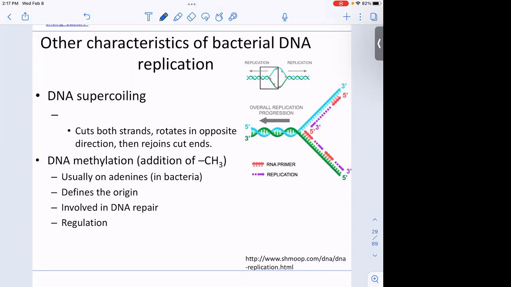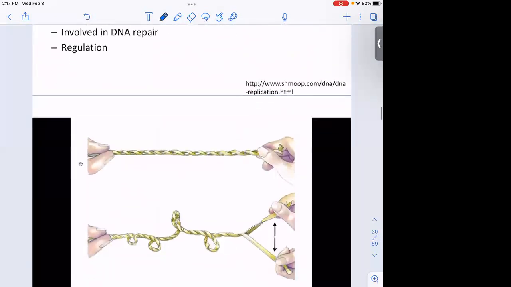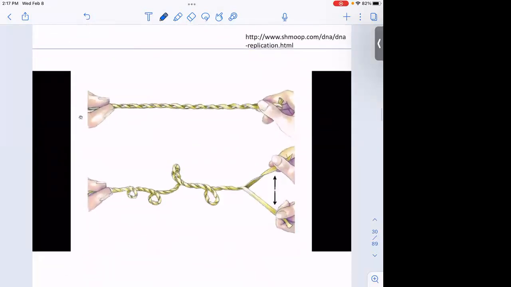Eventually, right, the chains get so twisted up that you get bent down lower and lower because you can't pull the chains apart anymore, right? So that's essentially supercoiling. Here's another display of that. Like when you're pulling two bands apart, you get this twisting up. Eventually, the mechanical strain is too much, and you can't keep pulling those strands apart anymore.